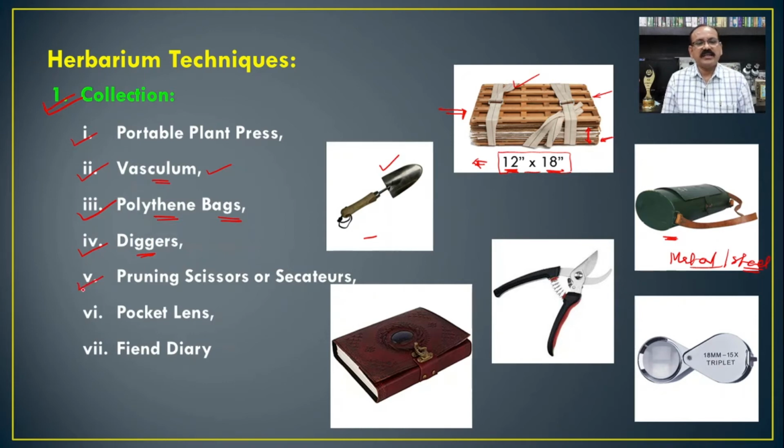Then pruning scissors or secateurs, if the plants are shrubs or trees. In such cases, we have to use pruning scissors or secateurs to cut the flowering and fruiting branches for the collection. Then pocket lens.